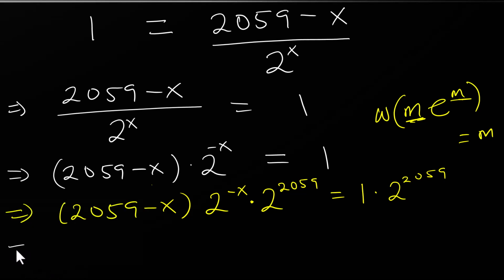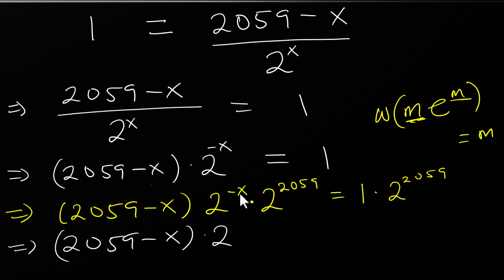Now the next thing is to perform laws of indices. So we are multiplying the powers. Okay, you have to do with the powers. Since the bases are equal, we have to add the powers. So we have 2059 minus x. So I'll write 1, 2.